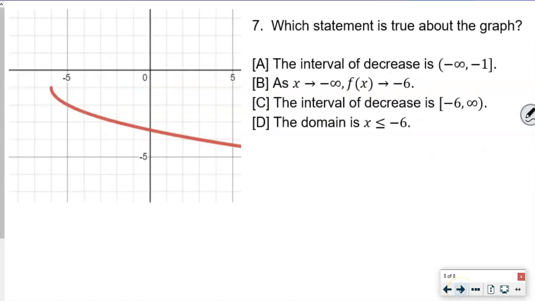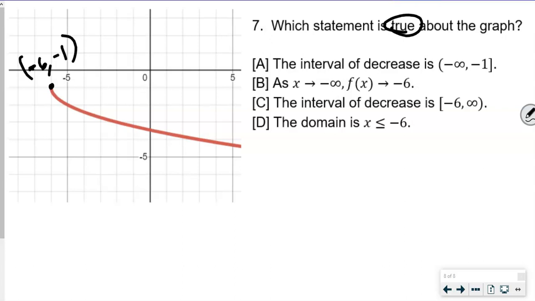Which statement is true about the graph? So again, we're looking for true here. Going to put that point where the endpoint is. This is our HK. So this is going to be, what is that? -6, -1. Okay? That's a -6, sorry. The interval of decrease is from negative infinity to -1. Is the graph decreasing, first of all?